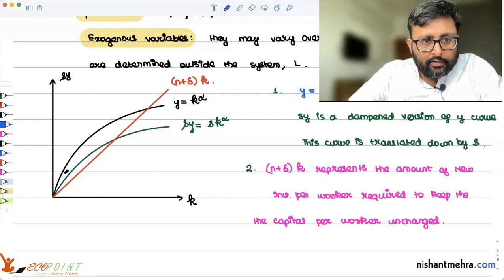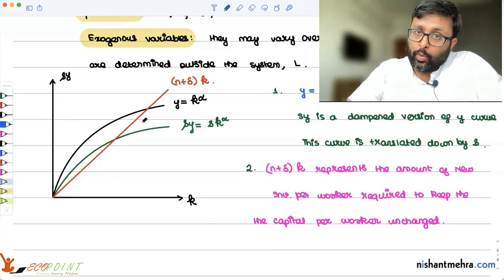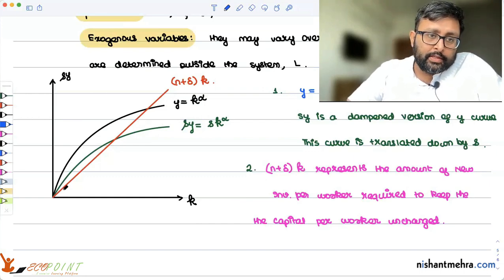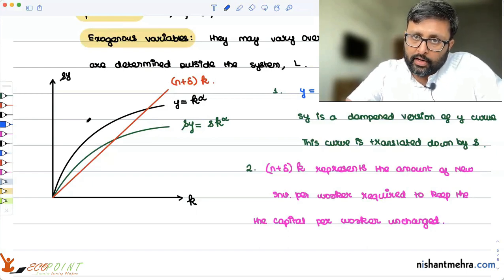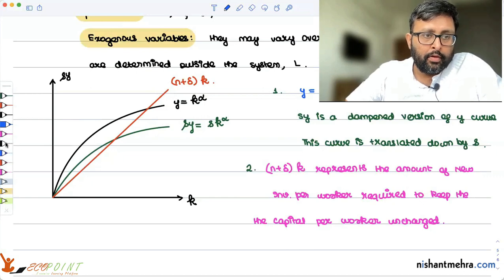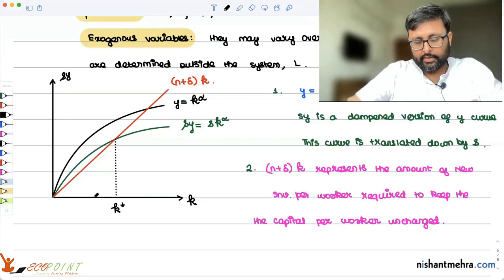So this entire curve, this green curve, is telling you the number of machines added per worker. This red line is telling you the number of machines that need to be added per worker. At this point, the number of machines added per worker is equal to the number of machines that need to be added per worker, and we call this the steady state.